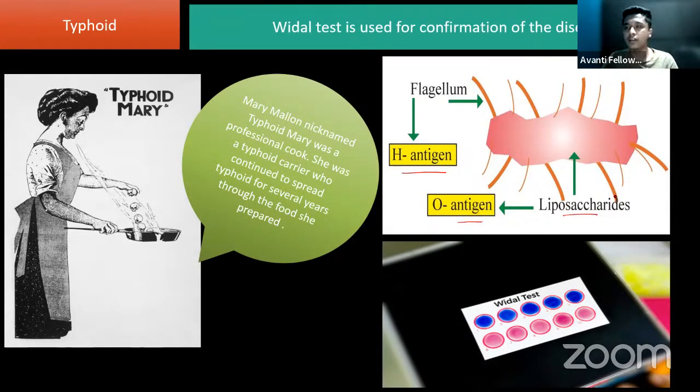If there is presence, these antibodies will bind to these antigens and it will precipitate, causing a color change. If there is a change in color, then we can call it typhoid positive. Understood? So this is the triple antigen test, also commonly known as the Widal test.